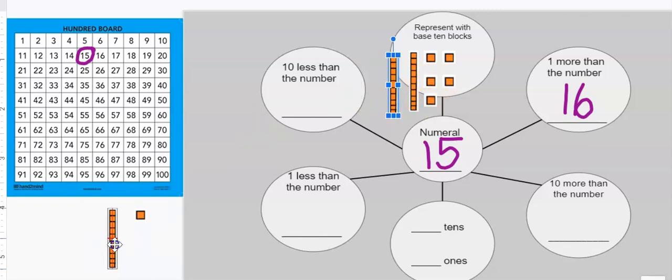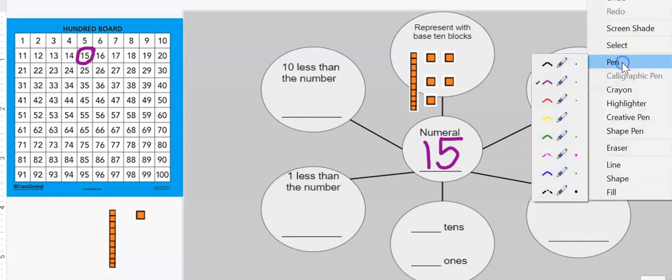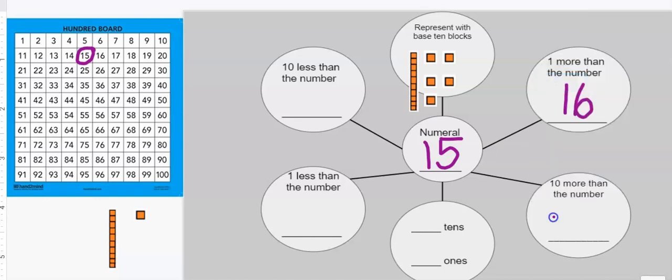Yes, so if we were to add 10 more to 15, we would have 25. That is correct. So let's look at our 100 board and see that if we add 10 more, which is going to go straight down because it's 10 more, we would have 25. That is correct.